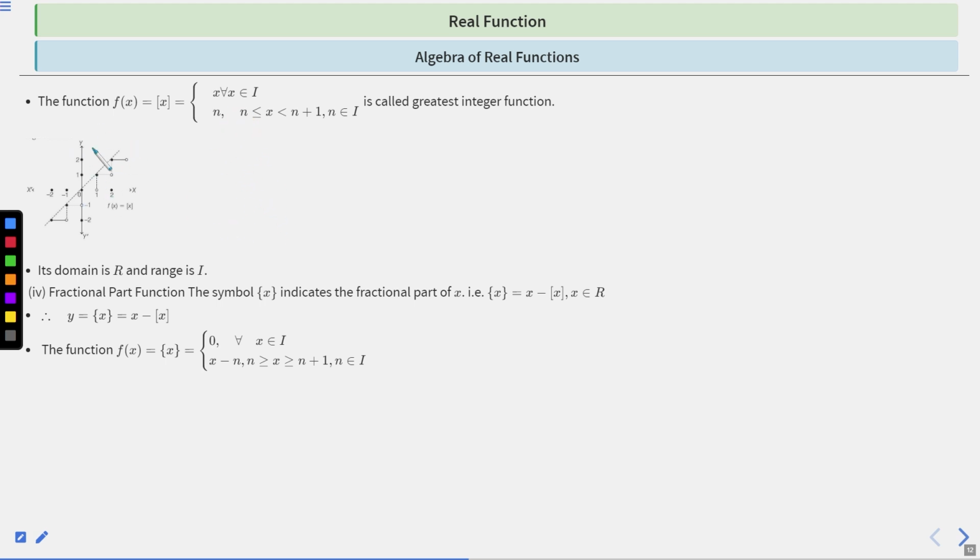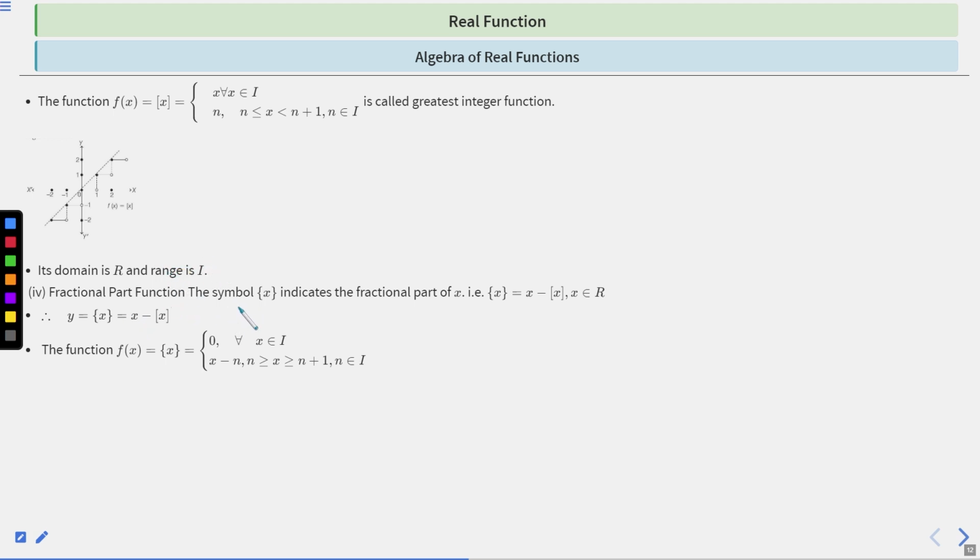So you can see the graph of the greatest integer function, right? When x is from 0 to 1, the greatest integer function is basically 0. Immediately when x becomes 1, the greatest integer function becomes 1. And when x is from 1 to 2, the greatest integer function is basically 1. Like that, right? So this is the greatest integer function of x. f(x) is equal to the greatest integer function of x. Its domain is R and range is I.